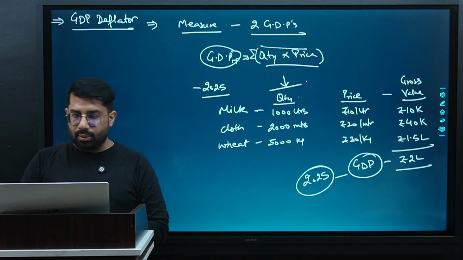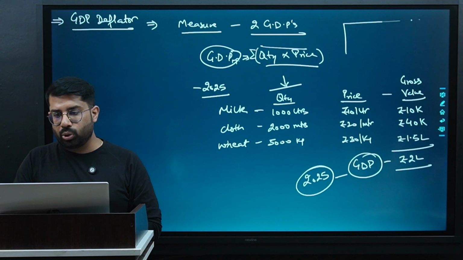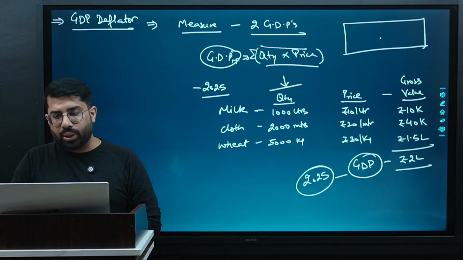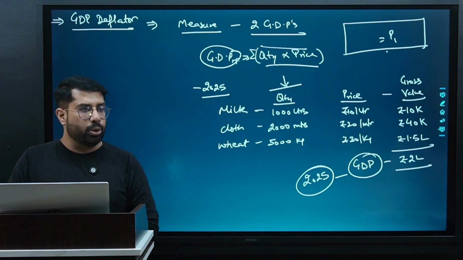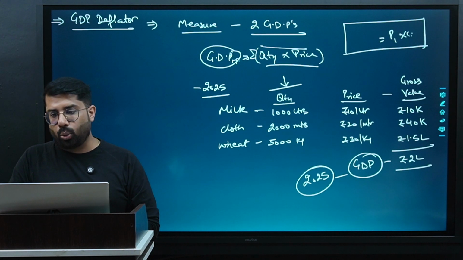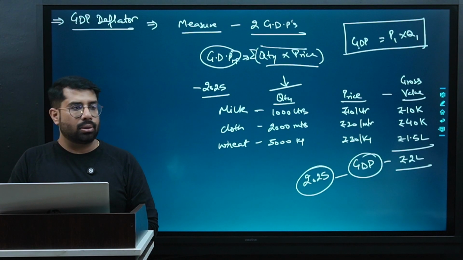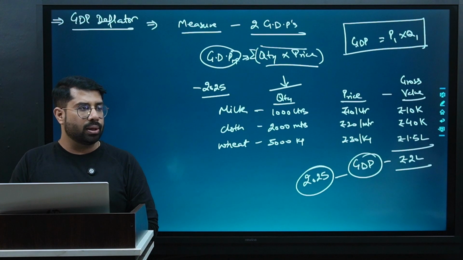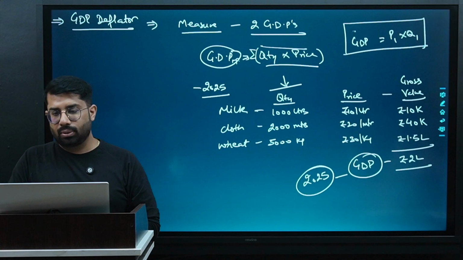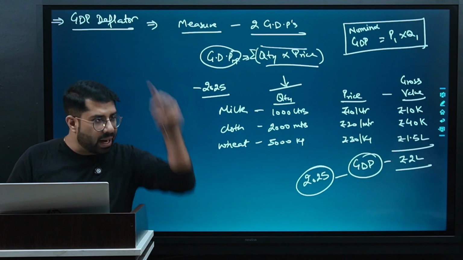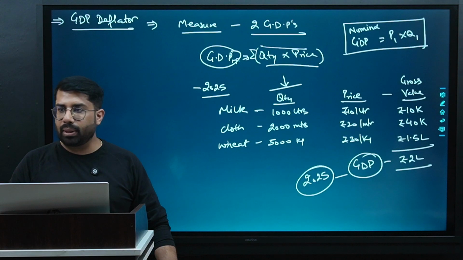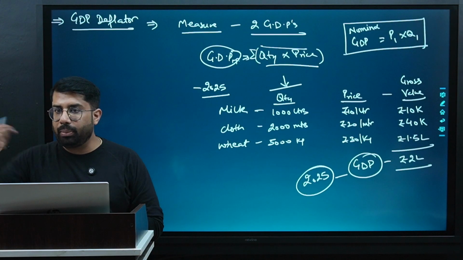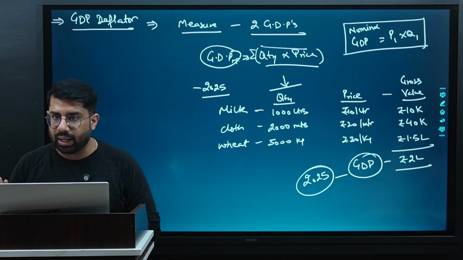When you take, this was there in your PU2 also, when you take price of current year P1 and quantity of current year, that GDP is known as nominal GDP or real GDP? That is GDP at the current price. Are you clear? This is what we call GDP at current price. Clear?